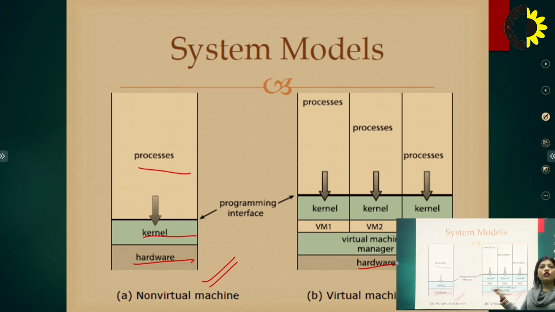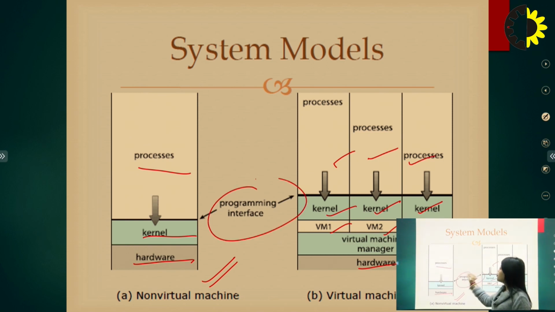On this virtual machine manager there are three operating systems, 1, 2, 3, and for each operating system there is a virtual machine, with different applications on the different operating systems. This shows the programming interface difference between the non-virtual machine and the virtual machine.